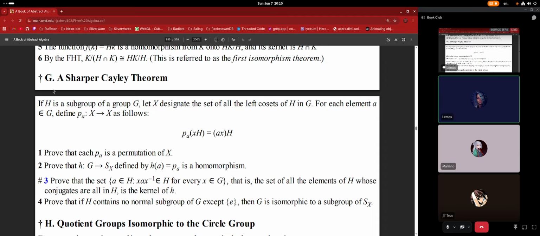Yeah, I remember G1 being like, man, if only every single exercise was G1 in my life. Prove that the permutation of X defined by Ha equals Ho a is a homomorphism.